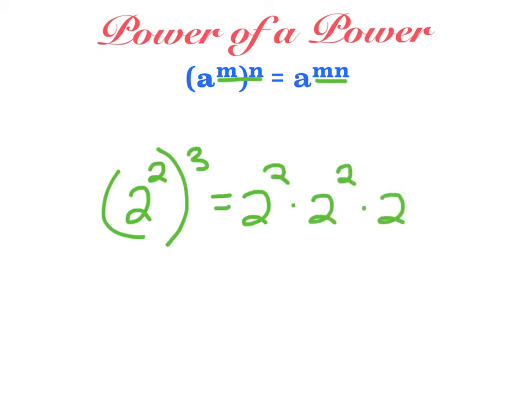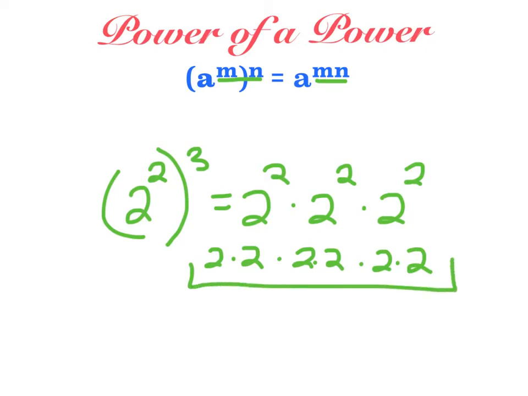That's what cubing means, 3 of those, which would be 2 times 2 times 2 times 2 times 2 times 2, which would give us 6 2's, which is 2 times 3. So when you've got the same base and you're multiplying them together, you add your powers. When you have one number with a power to a power, then you multiply.